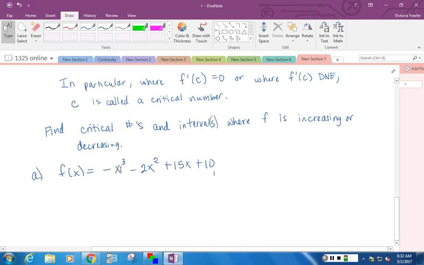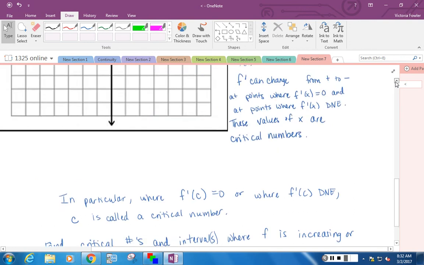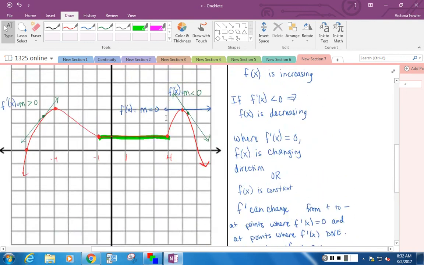And if I can figure out where the derivative is positive, then I know my function is increasing. And if I figure out where the derivative is negative, my function is decreasing. And all I have to do is go back up to my notes here and see that where my derivative, my slope of my tangent line, is negative, my function is decreasing. My function is increasing when my derivative, or my slope of my tangent line, is positive.